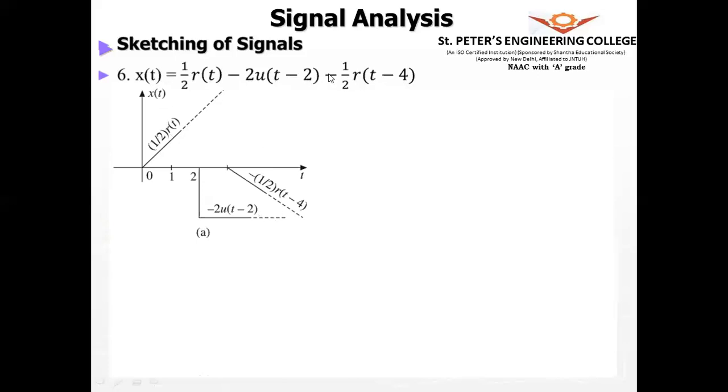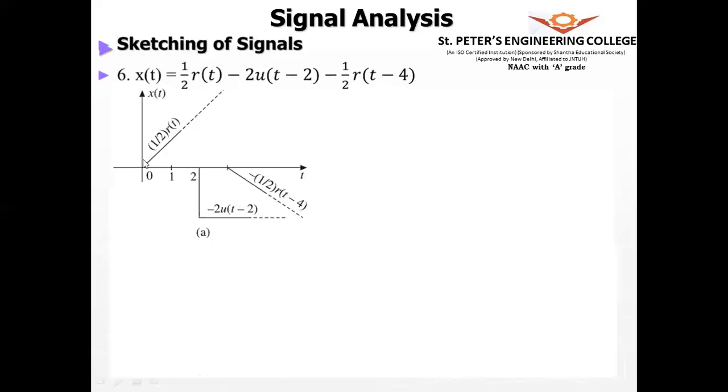And again, at t equals plus 4, there will be a ramp, but it will be a negative going ramp or a falling ramp, and its slope will be half. So you have a minus half r of t minus 4. These are the three signals individually we have drawn. Now we have to add them up.